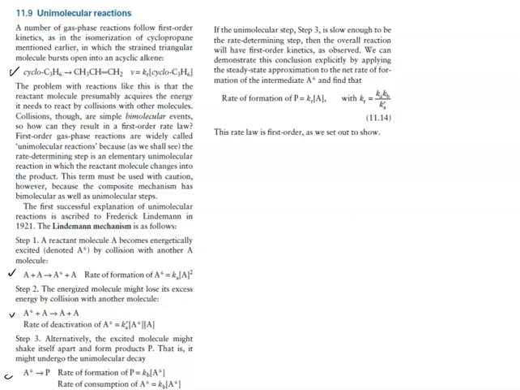We can demonstrate this conclusion explicitly by applying the steady-state approximation to the net rate of formation for the intermediate excited A and find that the rate of formation of product P equals k times the concentration of A, where k_r equals k_a times k_b over k_a prime. This rate law is first order, which is what we were setting out to show.